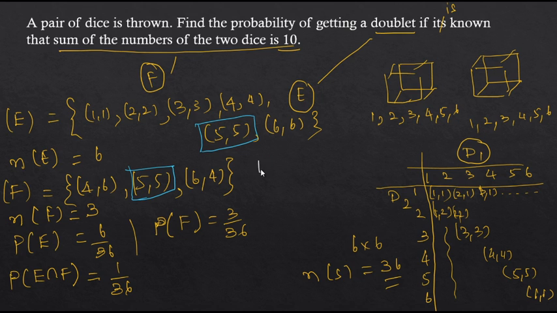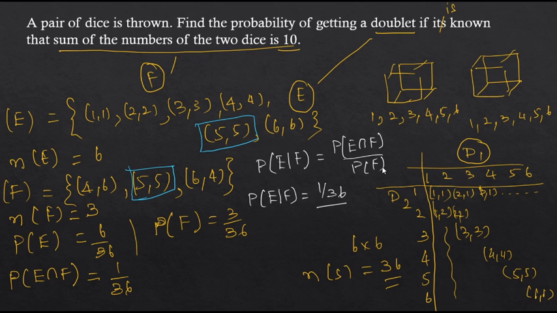P of E such that F has already occurred is equal to P of E intersection F divided by P of F. Now P of E intersection F is 1 by 36, and P of F is 3 by 36.